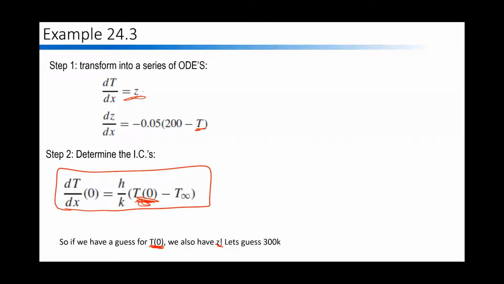So what we're going to do is make a guess, just like before. We're going to guess that T0 is 300. Once we guess that T is 300, we can figure out what zA1 is. We can plug this into our Neumann condition, so our first guess at 0 is going to be 1 over 200.